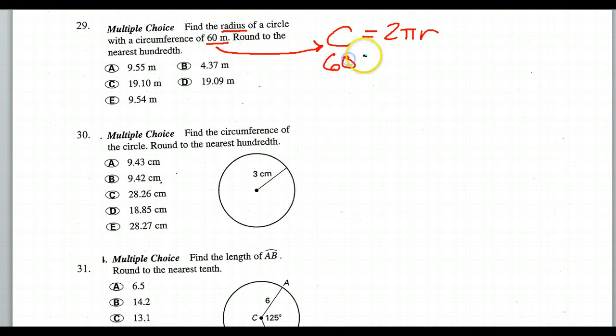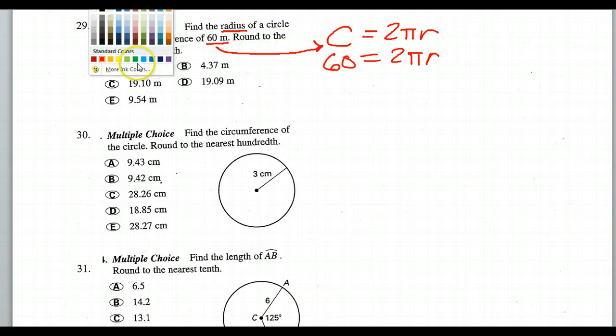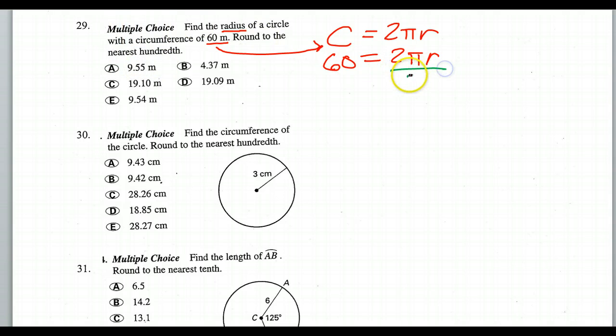So this becomes 60 is equal to 2 pi times the radius. If I divide both sides by 2 pi, these cancel each other out. So again, this is really the answer.